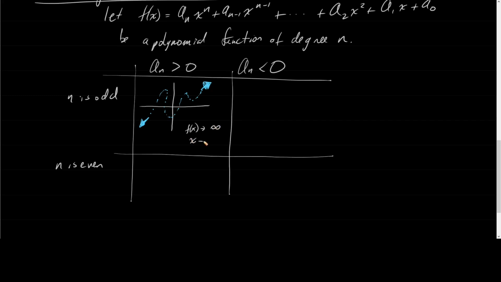As the x values go to infinity, the function is going all the way up to positive infinity, upwards. On this side, we're saying that the function is going to negative infinity as x goes to negative infinity. So as the x values go this way, the y values go to the bottom. That's the behavior happening there.